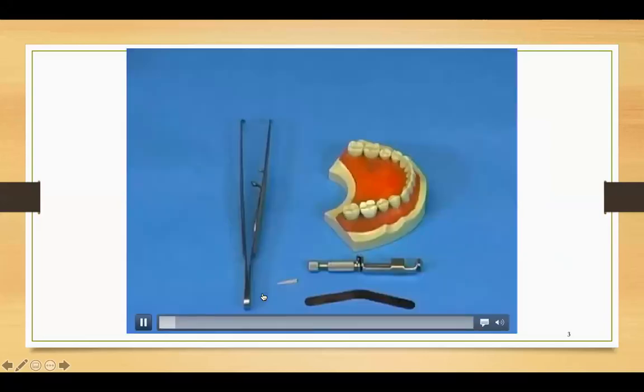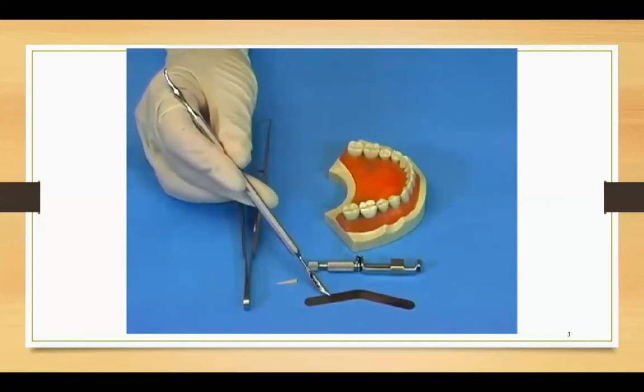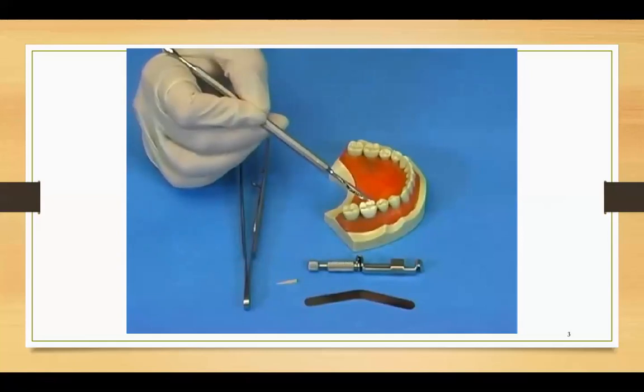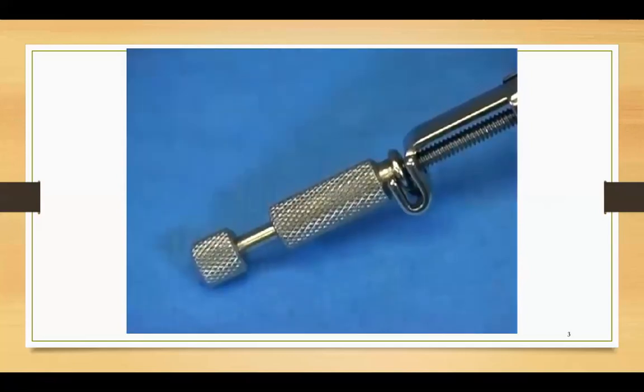In this procedure, I will demonstrate placing a Tofflemire retainer and matrix band on a molar tooth which has a class 2 cavity preparation. A wedge will be used to recreate the embrasure space between the missing tooth wall and the adjacent tooth. Here are the parts of the Tofflemire retainer.